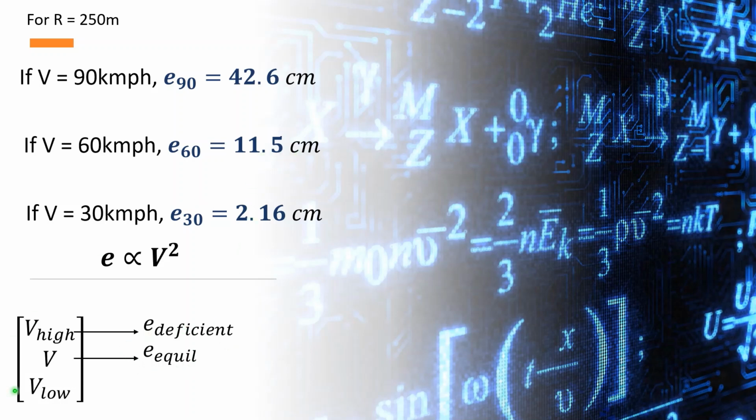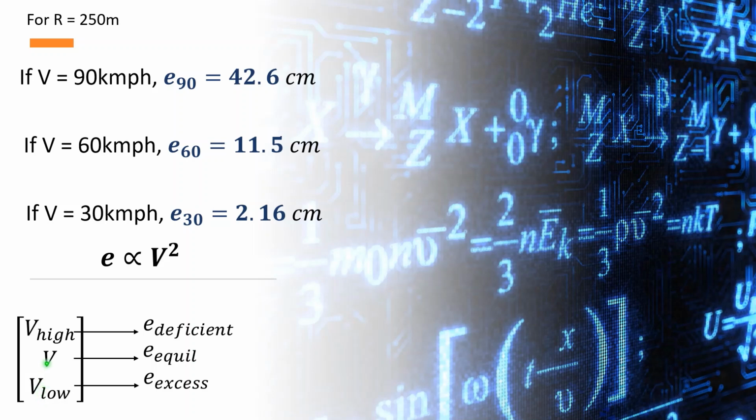So for a train running slower than the average speed, the super elevation that we are providing will be excess. So it is very tricky which value we should provide here.